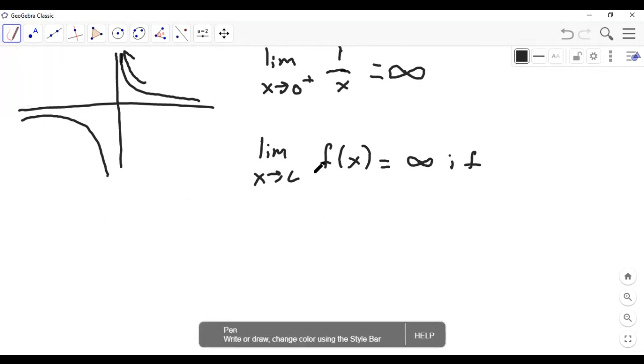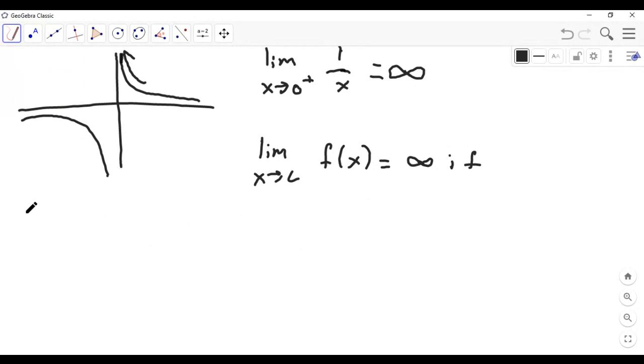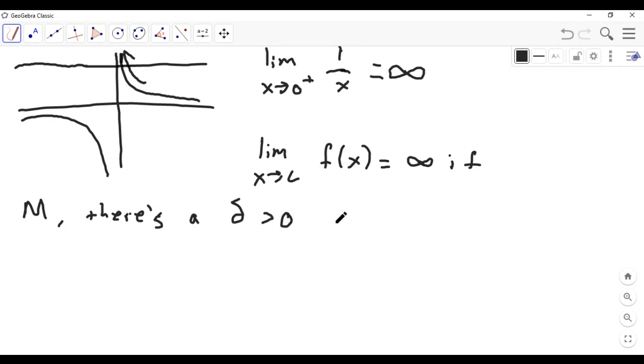So the limit as x goes to some value c of f of x is equal to infinity if for every number m you pick, and m is just going to be some very large number, if for every m you pick, you can find some kind of delta that's bigger than 0, so that f of x plus delta is going to be bigger than m.